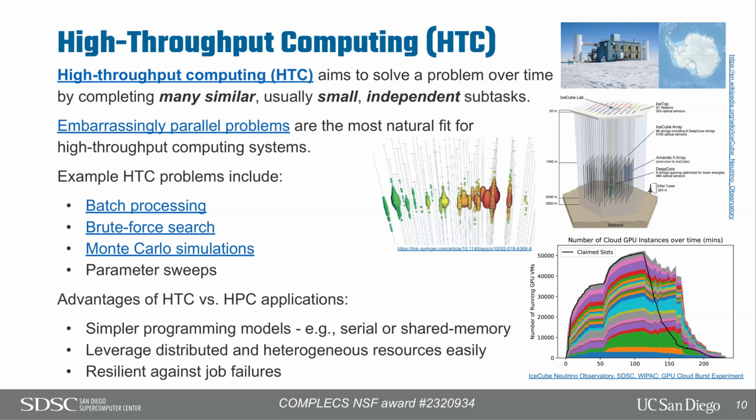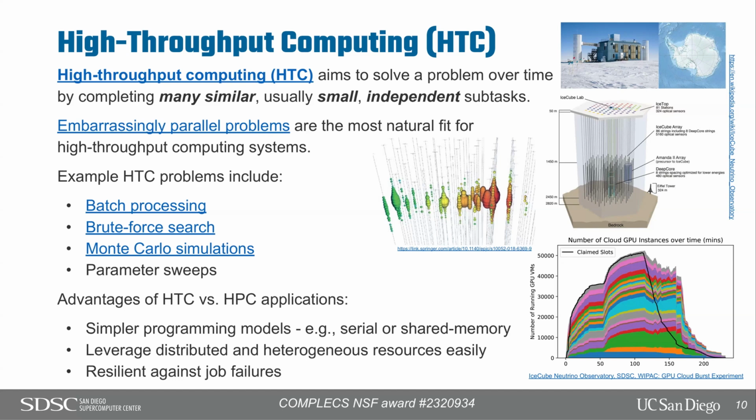Similarly, if you're familiar with Monte Carlo simulations, essentially you're generating random probabilistic simulations for some system, and usually the accuracy of the simulations improves over time as you have more and more samples generated, or more and more simulations that you generate. And so these are the traditional types of problems that high throughput computing is focused on tackling, right?